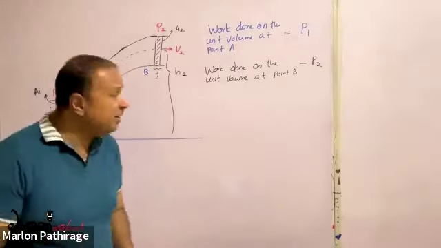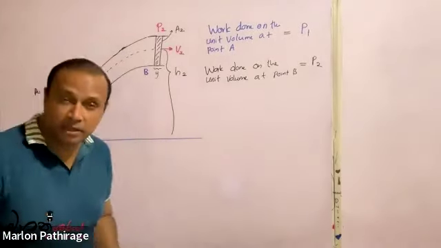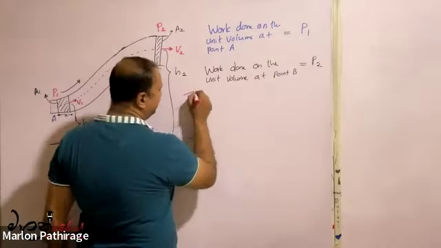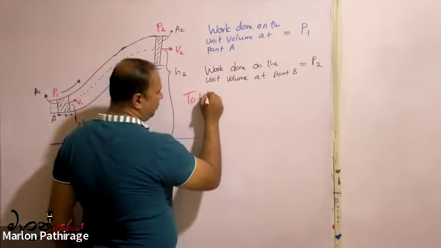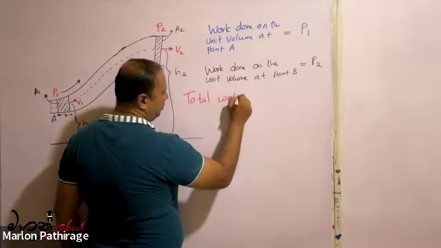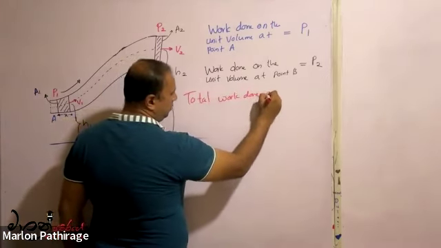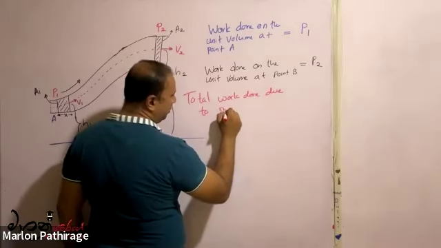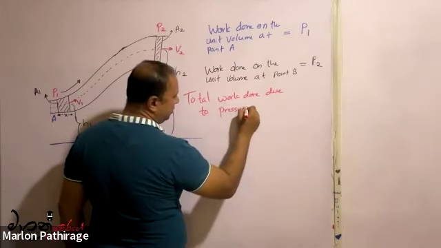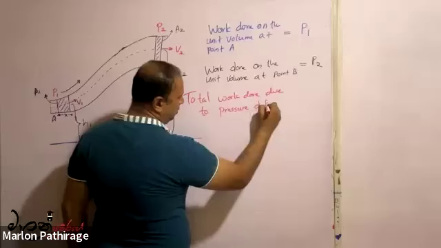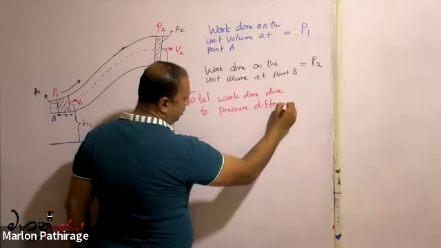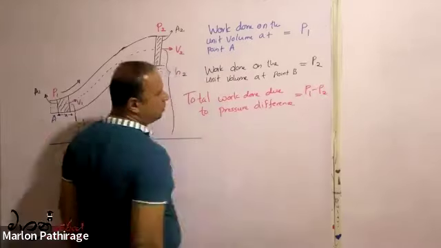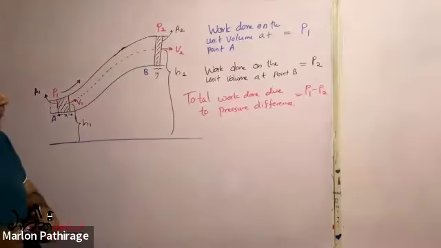Then I can write total work done due to pressure difference is equal to P1 minus P2.